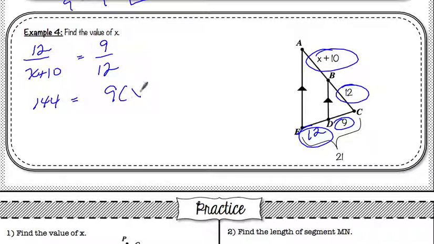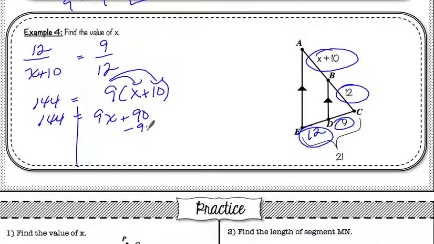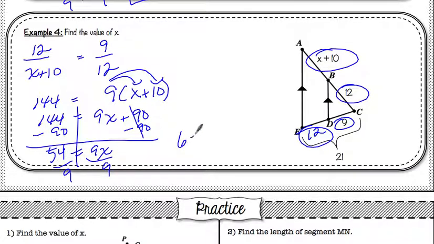And then I'm going to do 9 times x plus 10. Okay, so I've got 144 equals 9x plus 90. Then I'm going to subtract 90. 144 minus 90 is 54. And then I divide by 9, and I get 6 equals x, which means x is equal to 6.